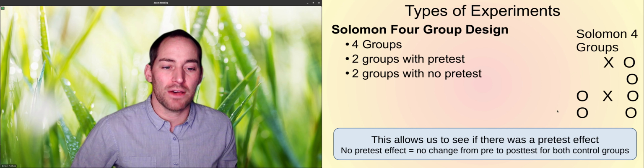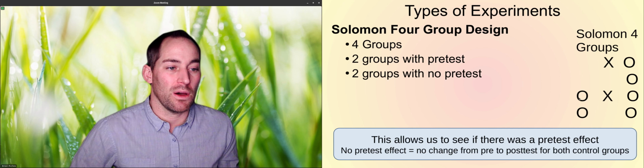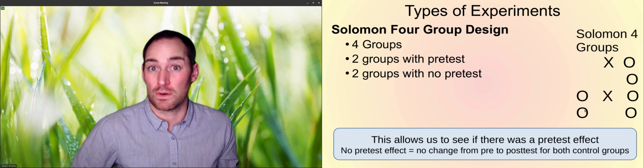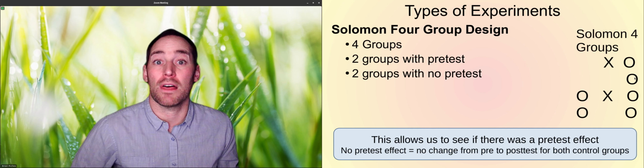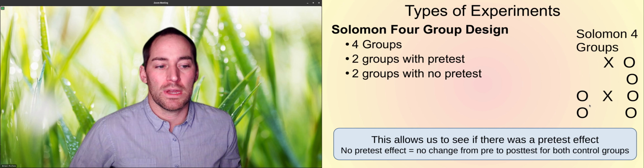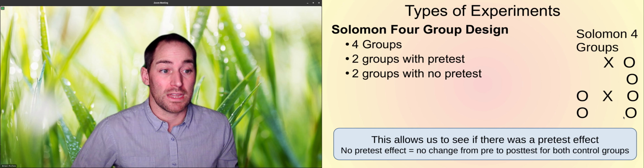So this allows you to see if there were any pre-test effects. You can compare these groups here to the scores here. So you can say, okay, this group, since they got no kind of treatment, they should be pretty equal to these groups on anxiety. Maybe all of these should be a level 5 on anxiety, right? Because none of them have had treatments yet. So you can compare that. You can compare and see if this group and this group are the same.